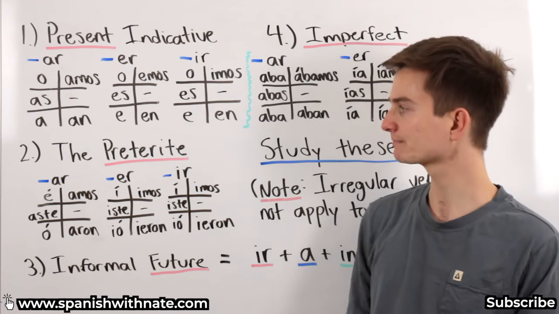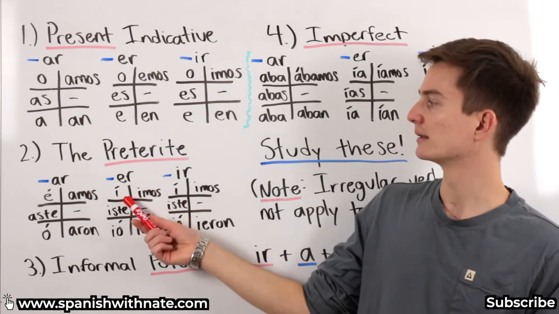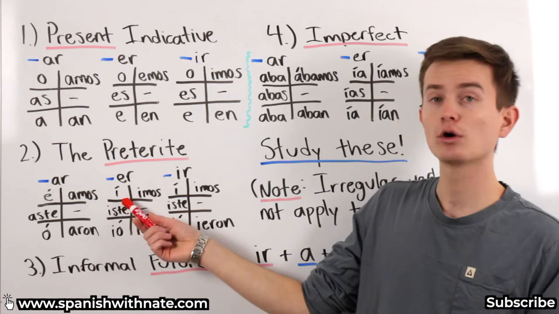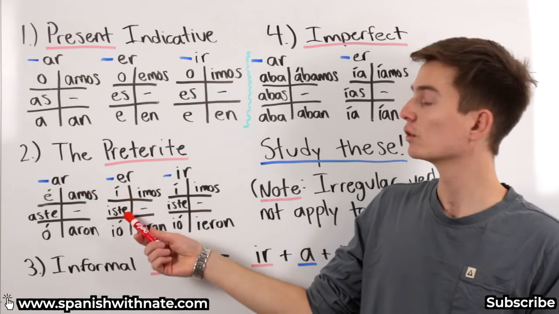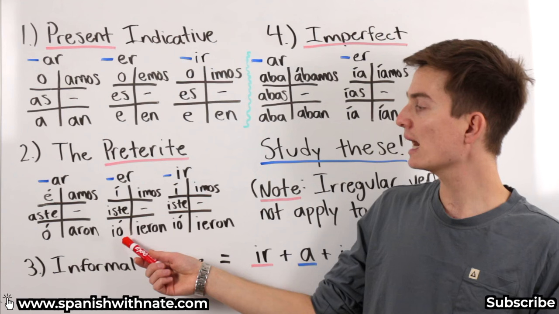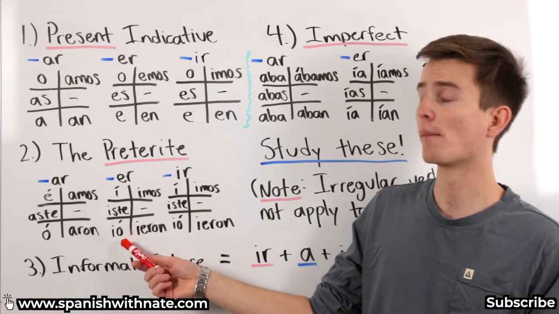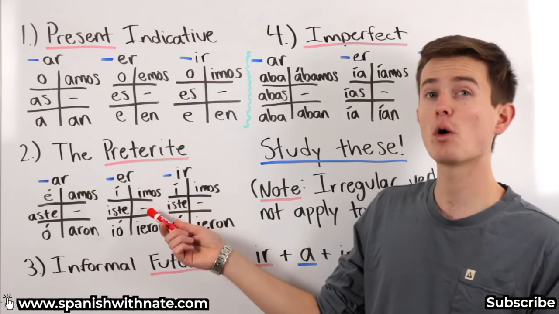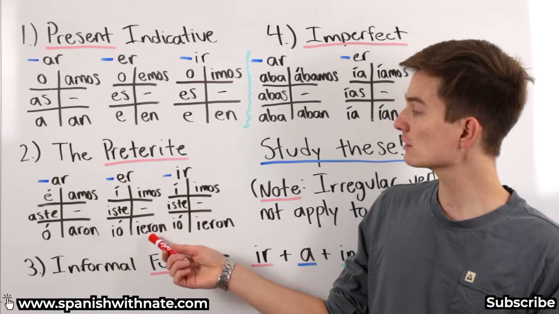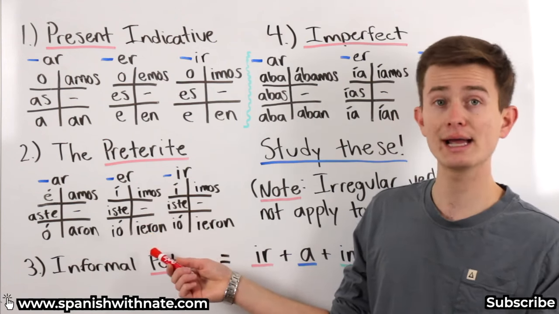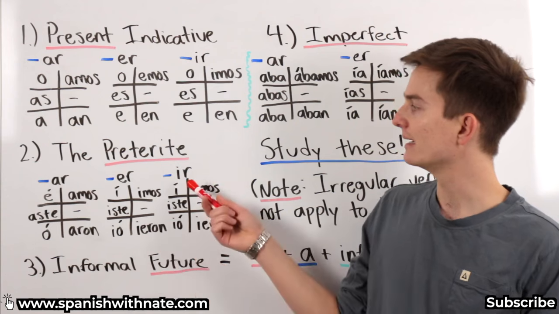Habló. Okay? Next, ER. For example, comer. Yo comí. Tú comiste. Ella comió. Nosotros comimos. Ellos comieron. Or ellas comieron. Okay? Next, IR verbs.